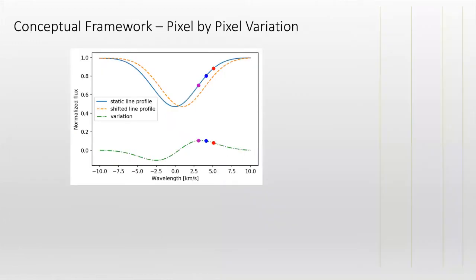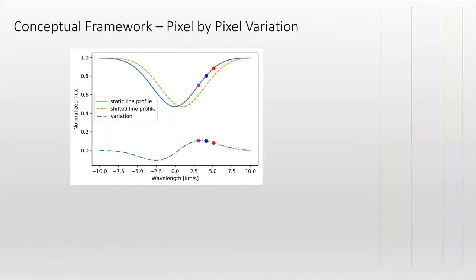What I want to do is to look at the problem in terms of pixel by pixel variation. Imagine a line is shifted, and then if you stay at the same pixel, you will see the pixel variation. The blue is the static line, the dashed line here is the shifted line, and the green dash-dotted line is the residual.